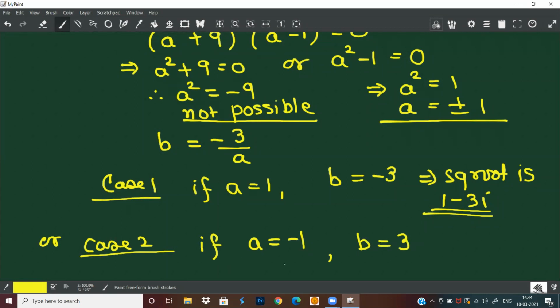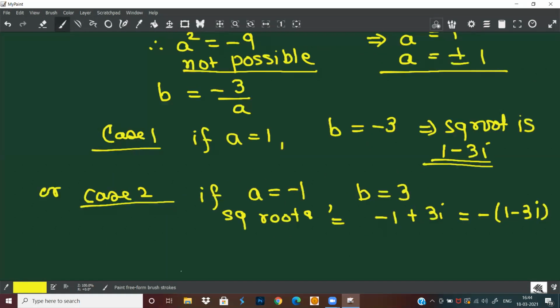So the square root will be a plus bi. To write it in this form, you need to take the minus sign common: 1 minus 3i. So your possible answers are plus or minus of 1 minus 3i.